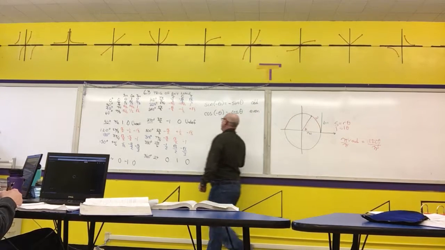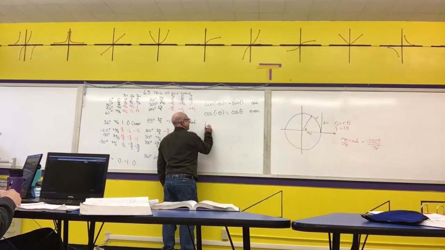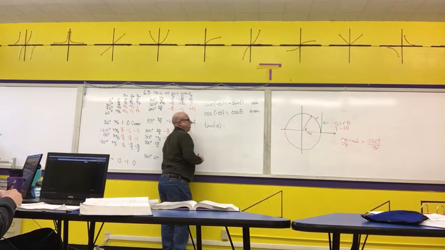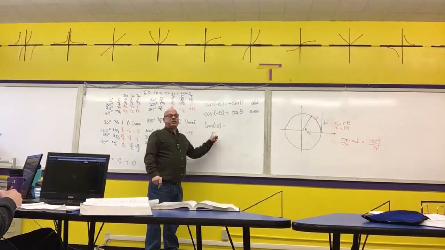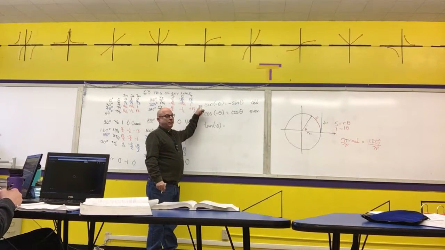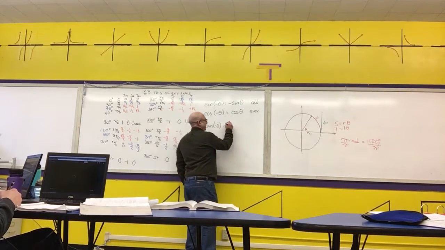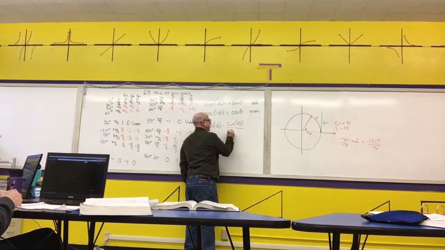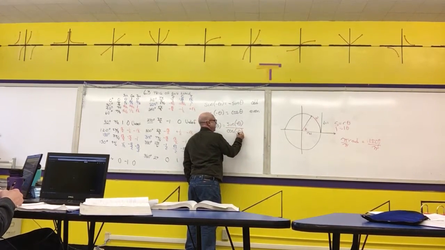Let's talk about tangent. How would you come up with the tangent of a negative angle? What's an identity you know for tangent that includes things you already know? Tangent equals sine over cosine. Tangent is sine of the angle divided by cosine of the angle.